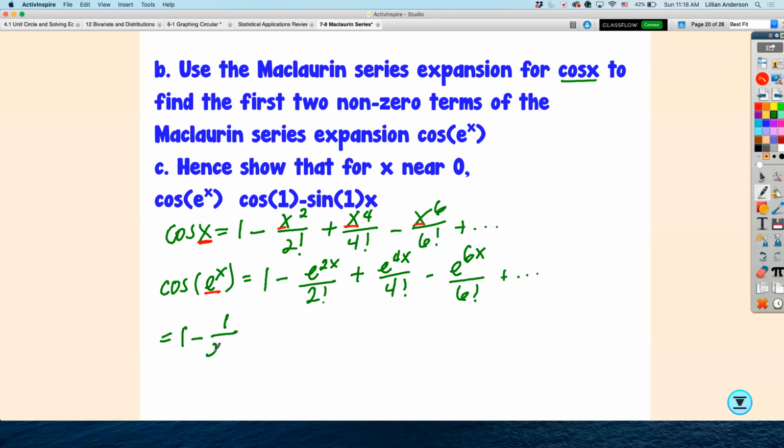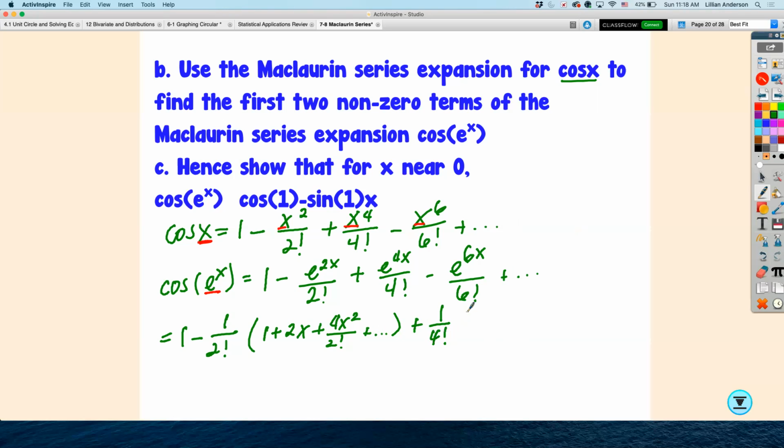So this is going to be 1 over 2 factorial times the series for e to the 2x. We can rewrite e to the 4x over 4 factorial.